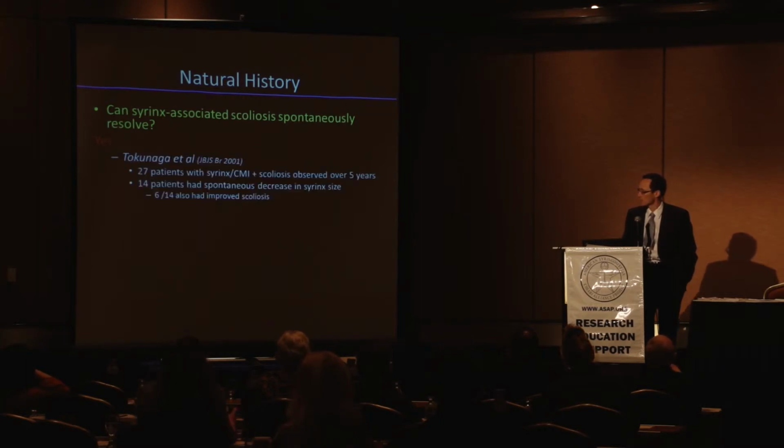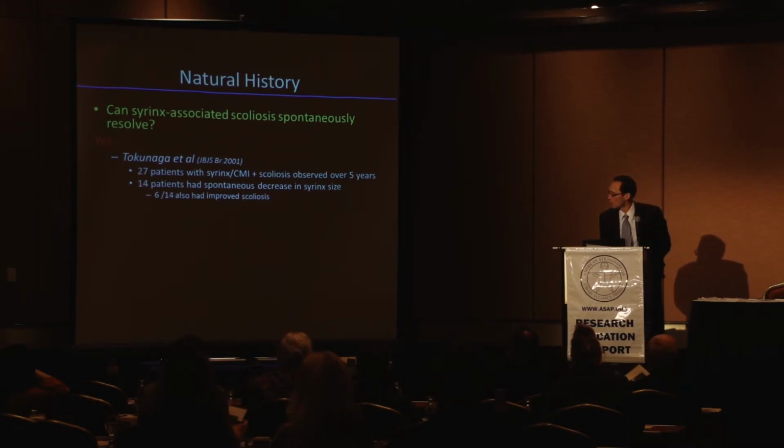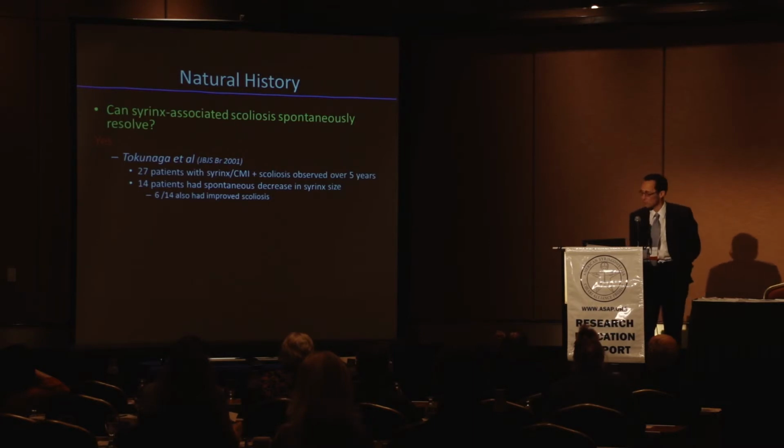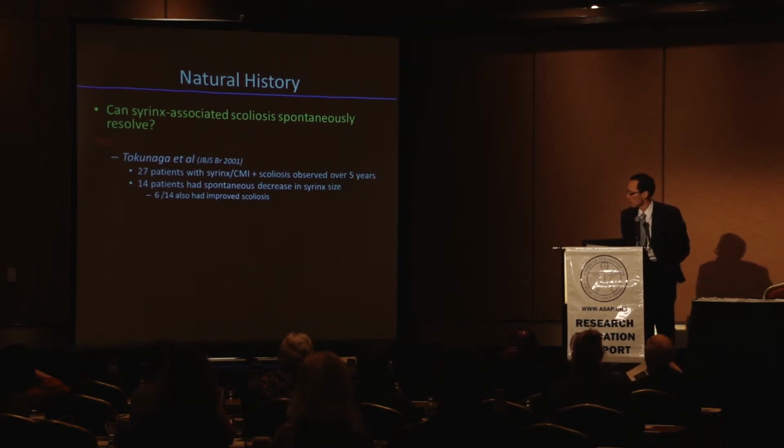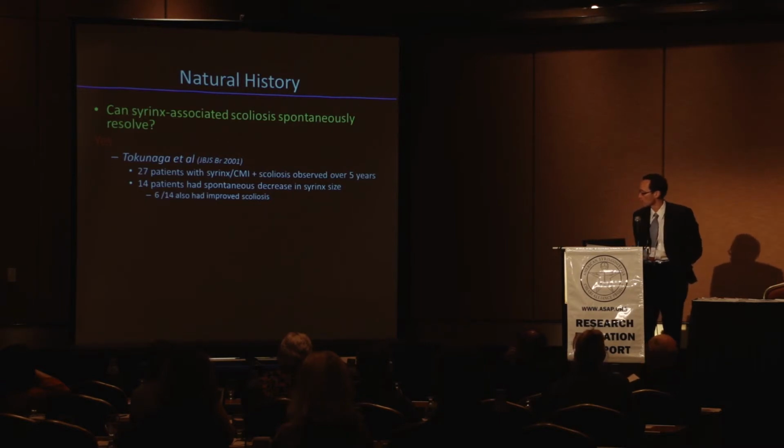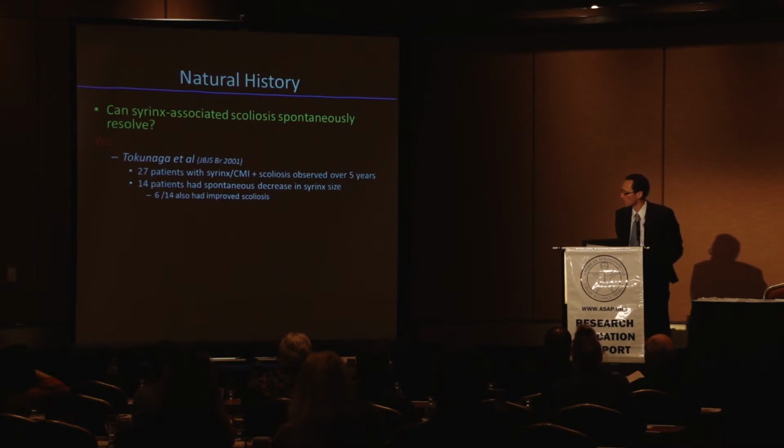One of the studies that looked at this came out in 2001 in the British Journal of Bone and Joint Surgery, and they had 27 patients with a syrinx or Chiari malformation-associated scoliosis that they observed over a 5-year period. In those 27 patients, 14 had spontaneous decrease in the syrinx size. Of those 14 patients, 6 had improved scoliosis.